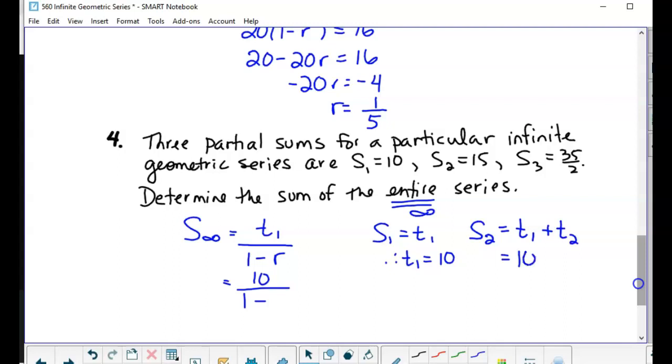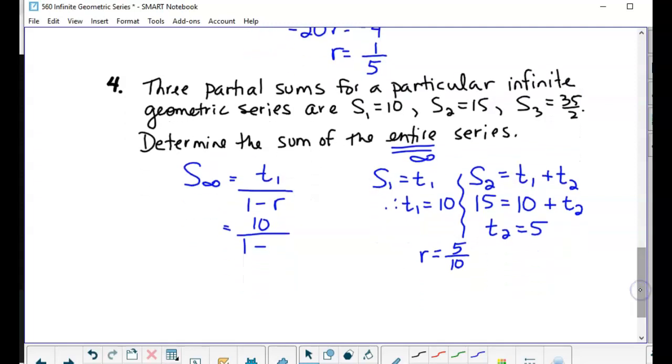Well, we know term 1 is 10, and so we have to add term 2 to it to get 15. That means term 2 is 5. Okay, so from that, our common ratio will be 5 over 10, which is 1/2.